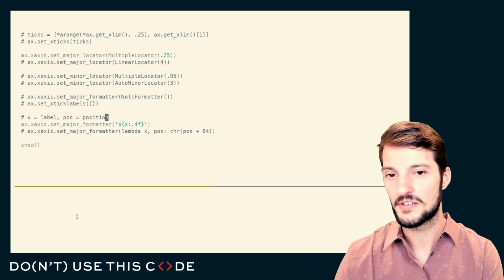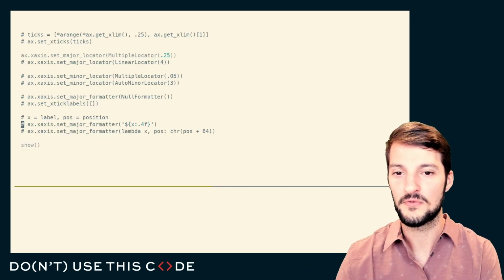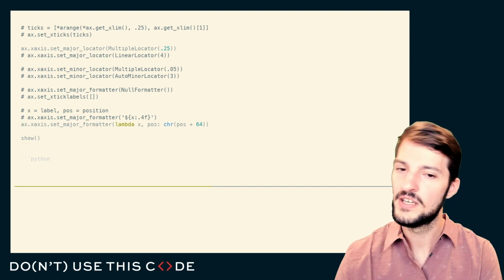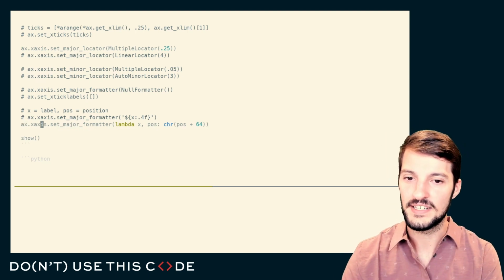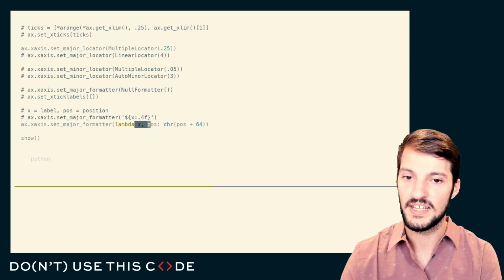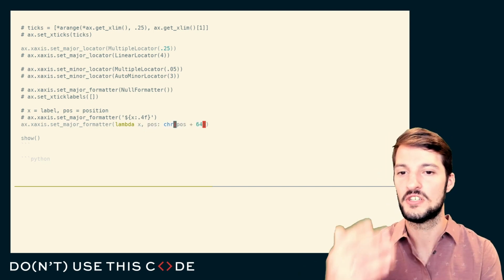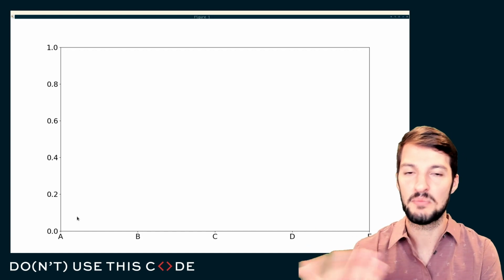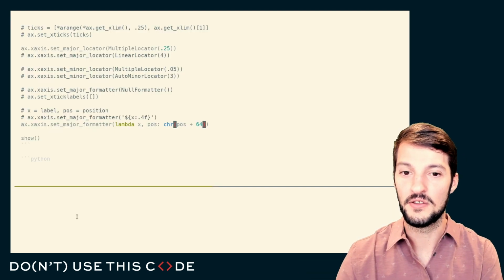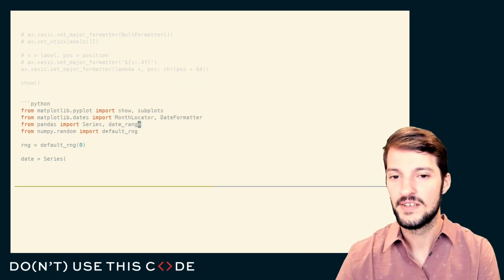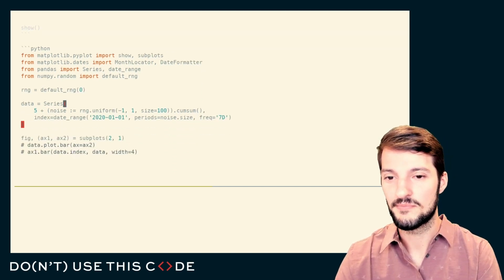It's just the relative position of the tick itself, not within the data coordinate space. You can also pass a function that accepts both an x and a position, and then you can do anything you want with either, and return it, and it will map your labels to those values.